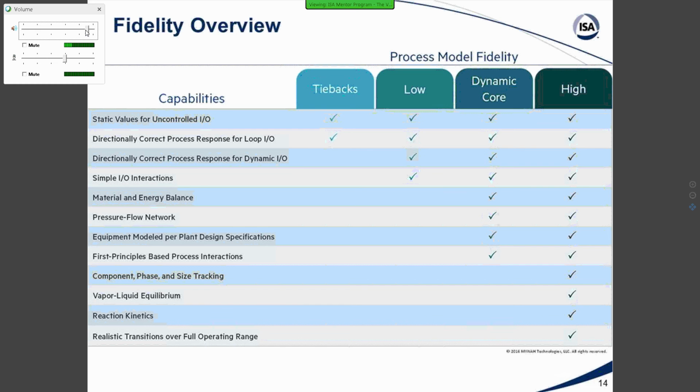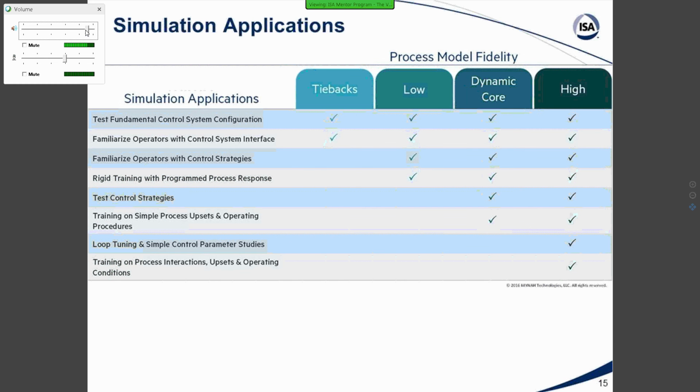Now, what this can be applied for at this low fidelity level is familiarizing operators with control strategies, as you can start building their understanding of some of these process interactions and how the controls function, and it also allows for rigid training of the process response. Now, what do I mean when I say rigid training? That seems a little ambiguous.